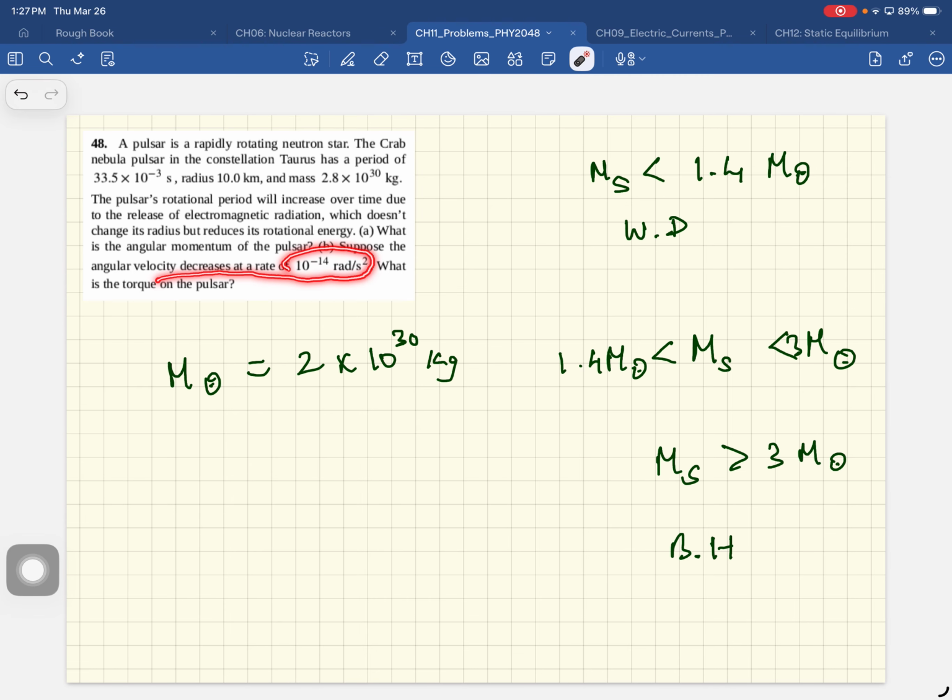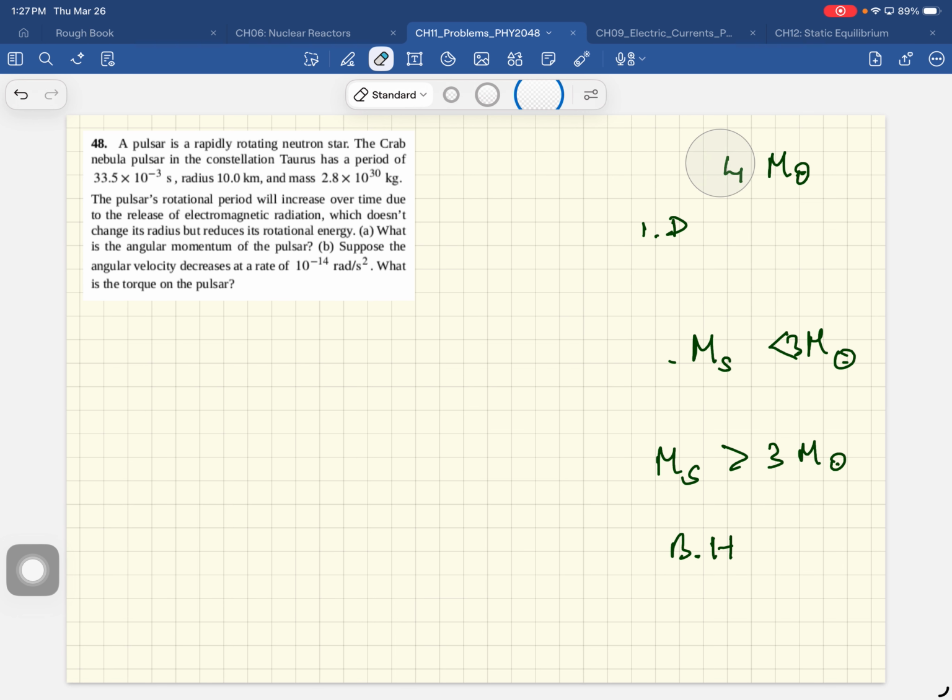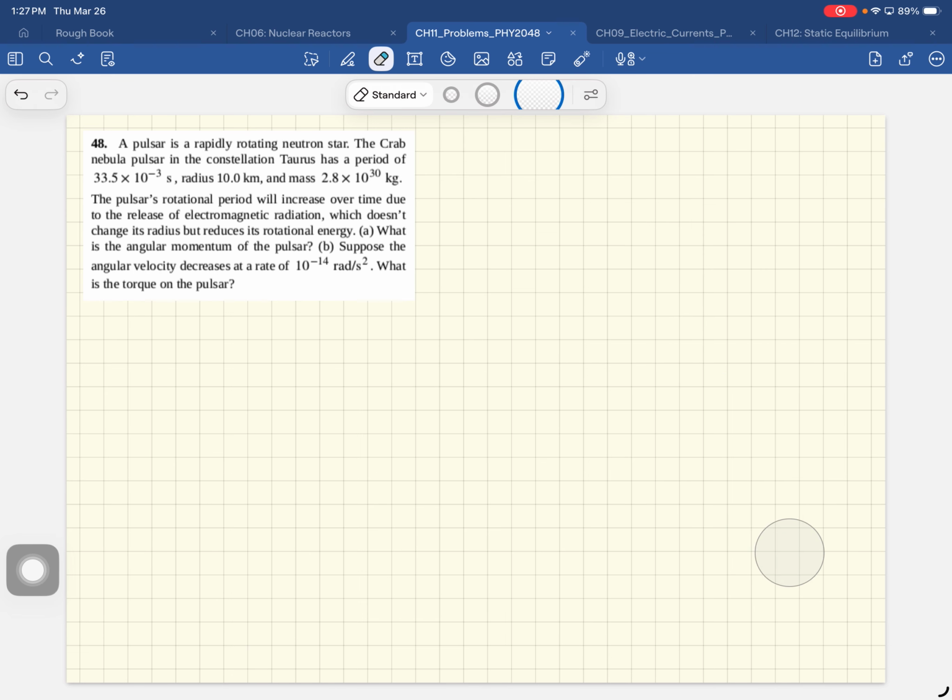I won't put the numbers. You guys can do that. Suppose the angular velocity decreases at the rate of 10 to the power of minus 14 radians per second squared. Okay, torque is I times delta omega by delta t.